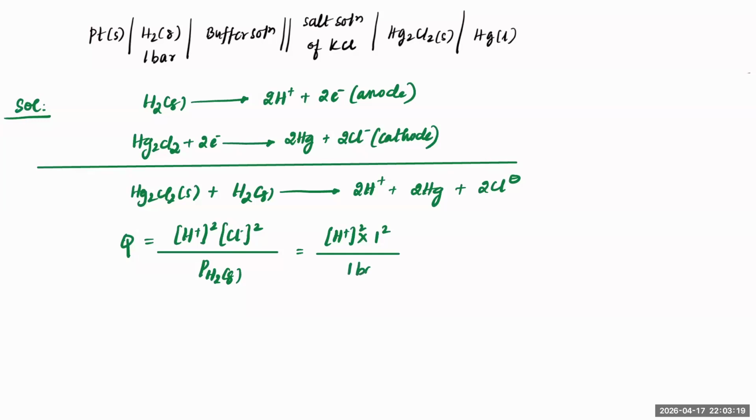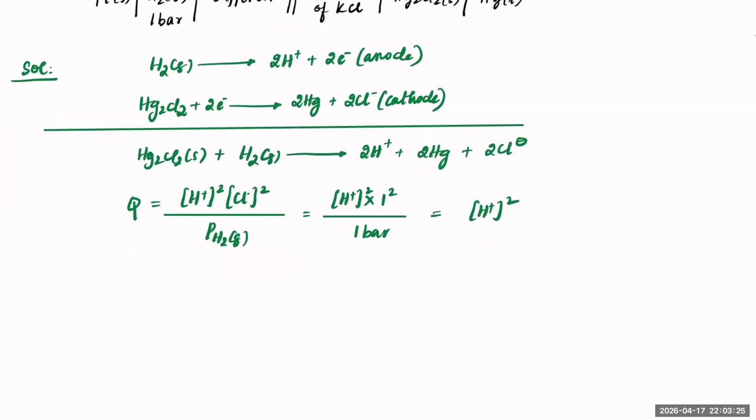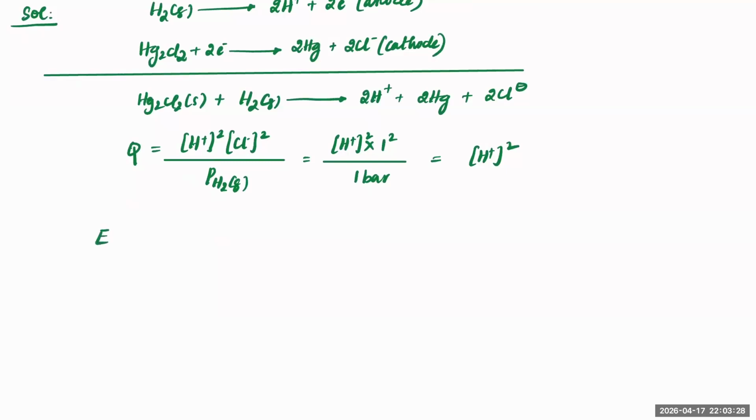Pressure is given as 1 bar, so that will also be 1. So it is all about H plus whole squared. This is the Q value. And now notice E cell will be equal to E naught cell minus 0.0591 upon n, in this case n is 2, log of Q.